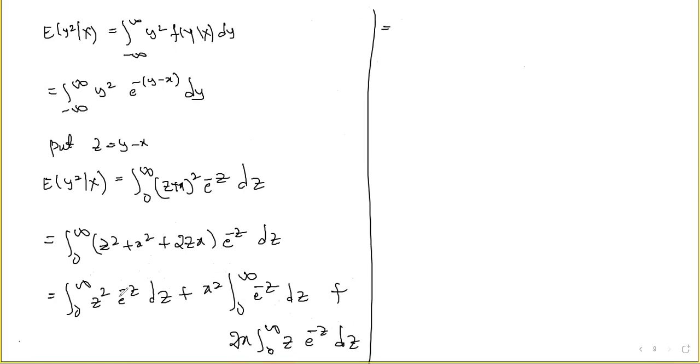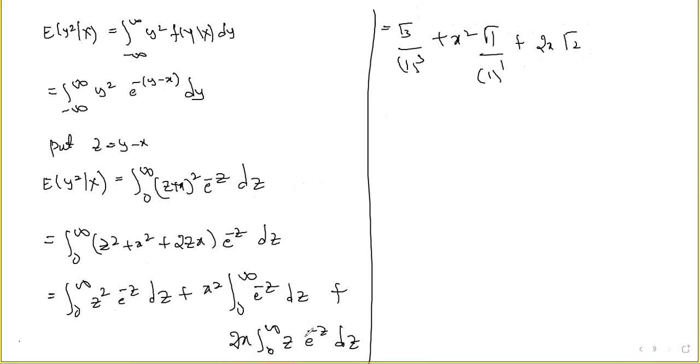Which is equal to, again you compare with that formula. So what will we get here? You will get n equal to 3 here, right? Gamma n means gamma 3, a is 1, that is 1 power 3, plus x square gamma 1 by 1 power 1, plus 2x gamma 2.